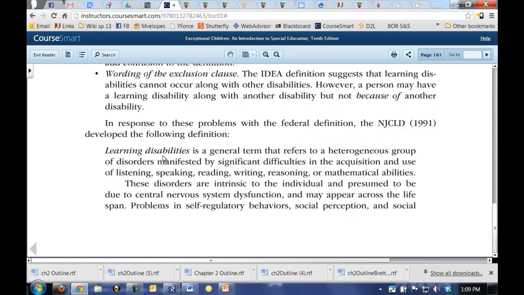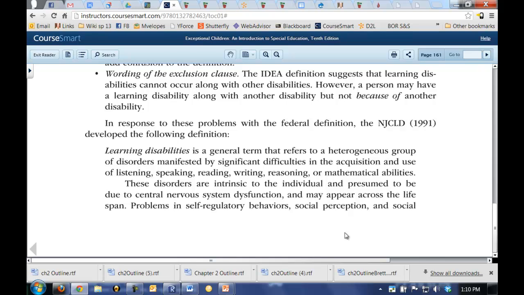Definition, this organization said learning disabilities is a general term that refers to a heterogeneous group of disorders manifested in significant difficulties in acquisition of the same things here. Heterogeneous meaning, of course, different. These disorders are intrinsic in the individual and presumed to be due to the central nervous system's dysfunction and may appear across the lifespan.